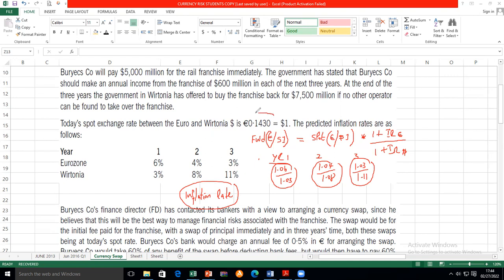We picked it from here, because they're giving us the euros on the dollar. That's how we picked it up. We hope everybody has seen this. If you have a challenge, please let us know.